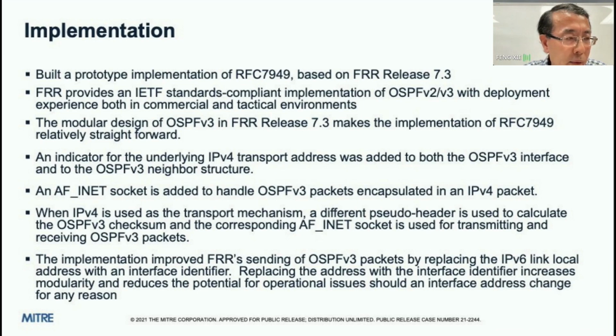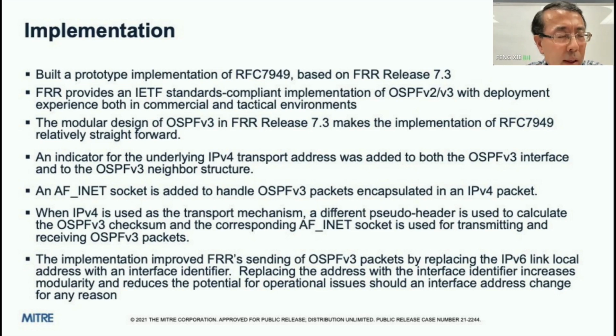And the next area we enhance is BFD, because OSPFv3 can work with BFD to detect neighborship changes and interface changes. So we have to use the IPv4 address instead of the IPv6 address.